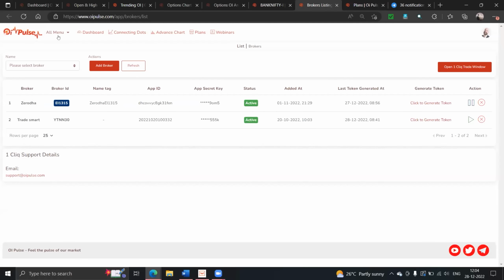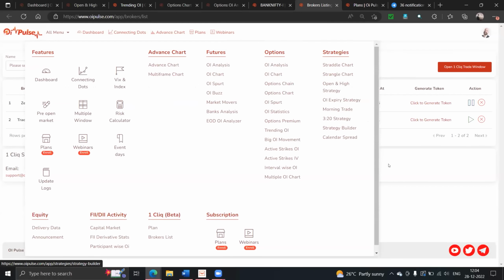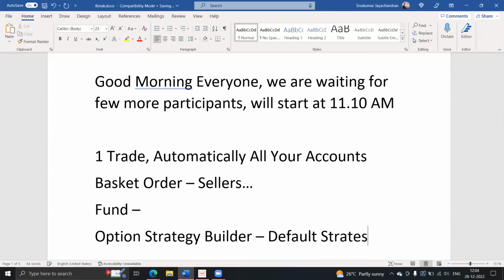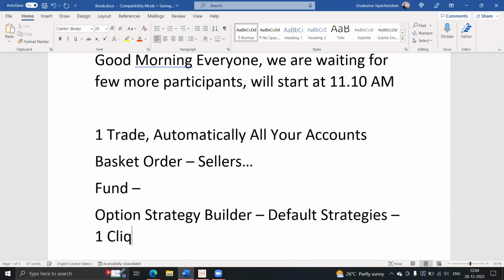You will be getting the strategy builder with default strategies, and you should be able to use one click to place your order for your strategy. You just need to predetermine which strategy you wanted to go for, iron condor, whatever you name it. It will have a default setting, and you just click on a button.